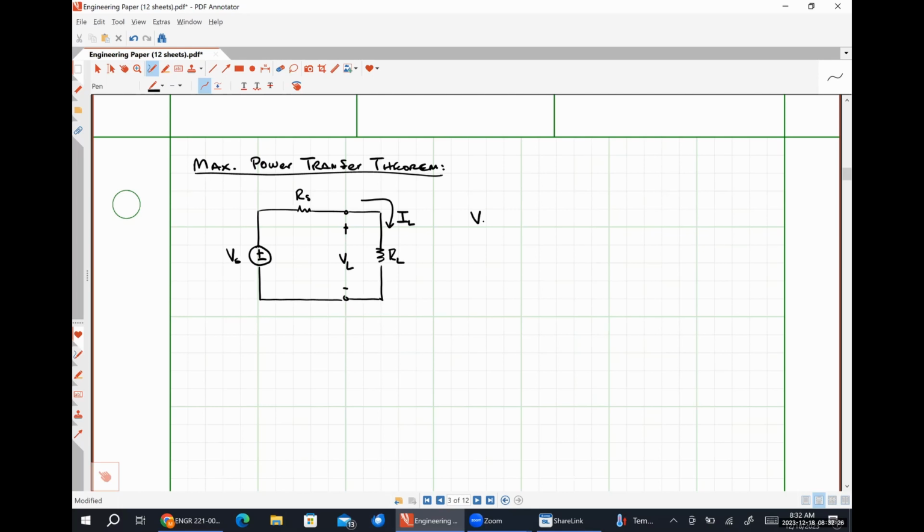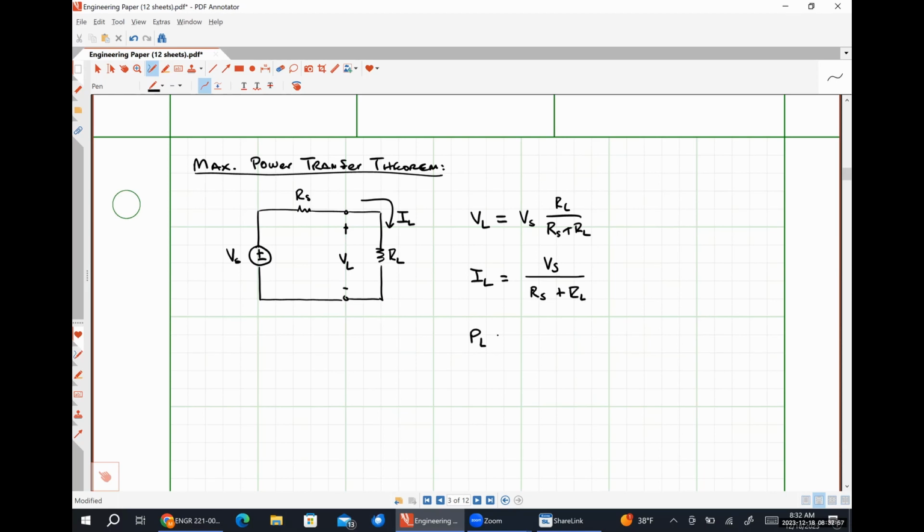So, how did we solve for VL earlier? Voltage division, okay. So VL is VS times RL over RS plus RL. Our current IL we got just by doing Ohm's law. So that's going to be VS divided by RS plus RL.